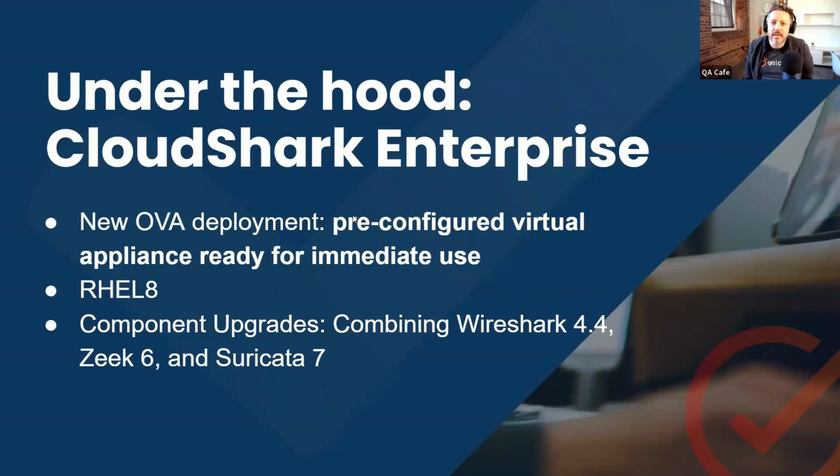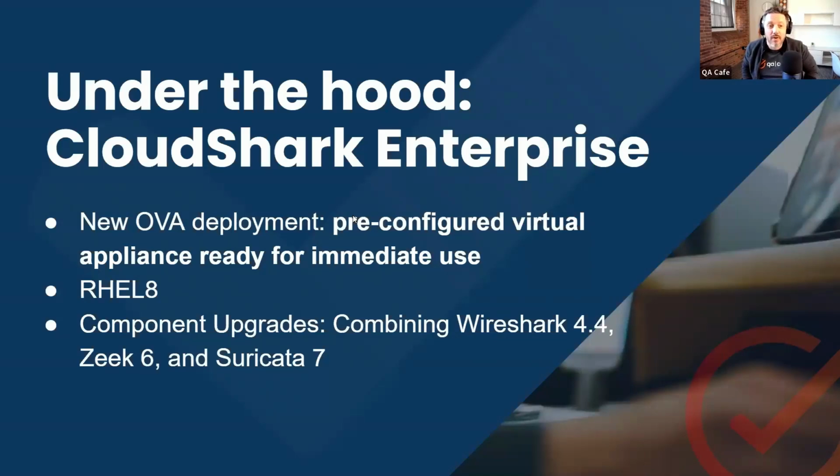Okay, a couple of things I wanted to mention about CloudShark Enterprise 4.0 that are also new. That includes our new deployment model, right? So there's now a standardized OVA that you can use that's pre-configured for you to be able to just install CloudShark. It's exceedingly easier than before.